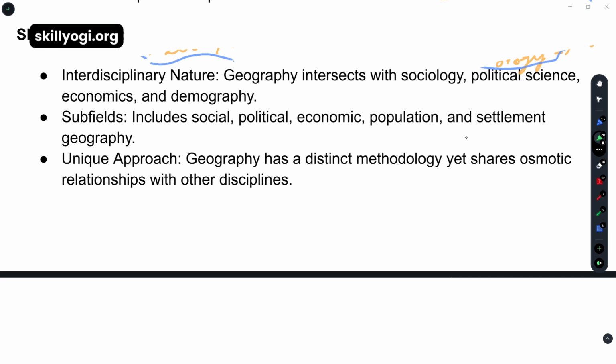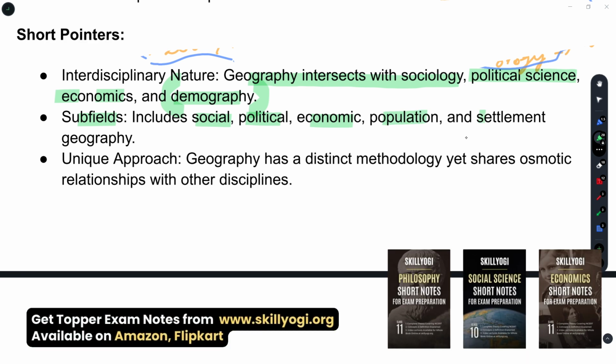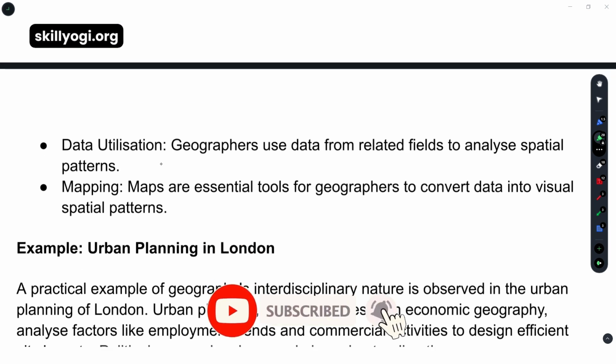Interdisciplinary nature: geography intersects with sociology, political science, economics, and demography. It's a new part which comes here as demography. Next, subfields which include social, political, economic, population, and settlement geography. And unique approach: geography has a distinct methodology which shares osmotic relationships with other disciplines. Osmotic, that means an odd relationship with other disciplines.